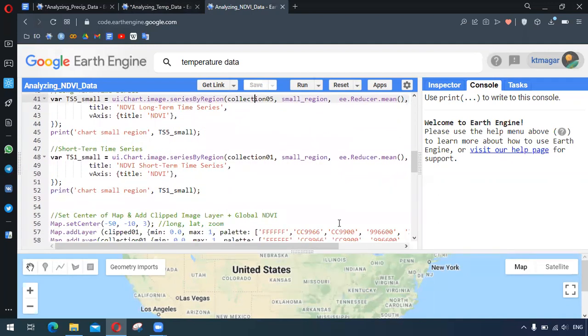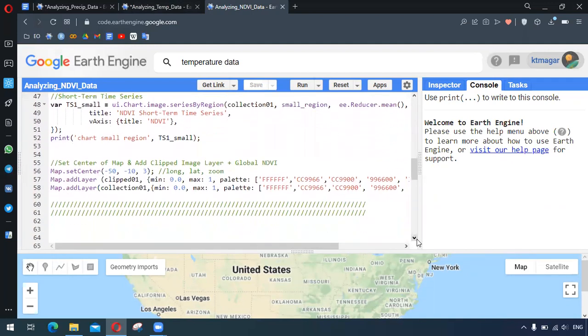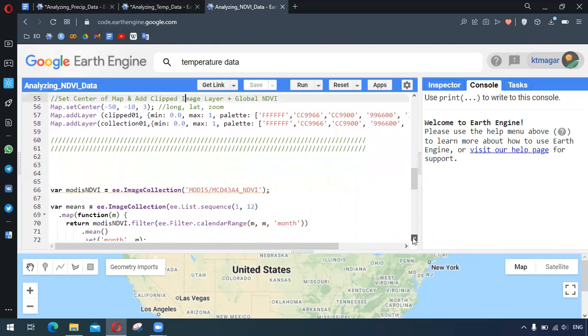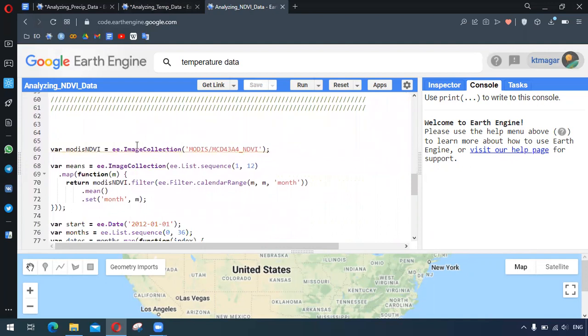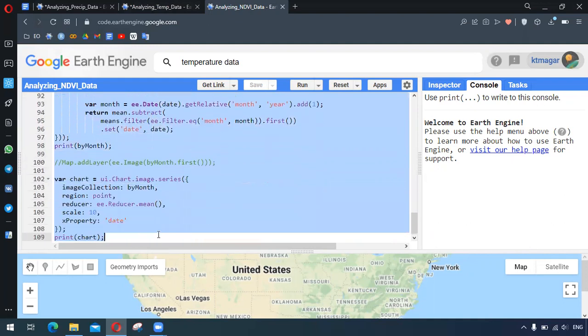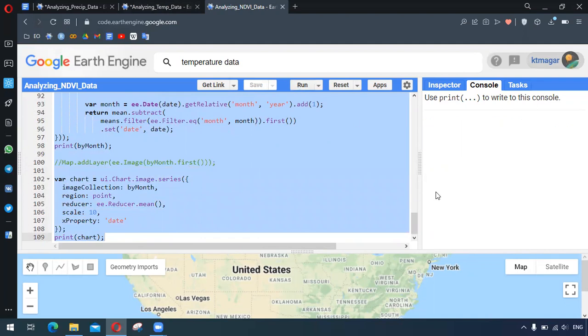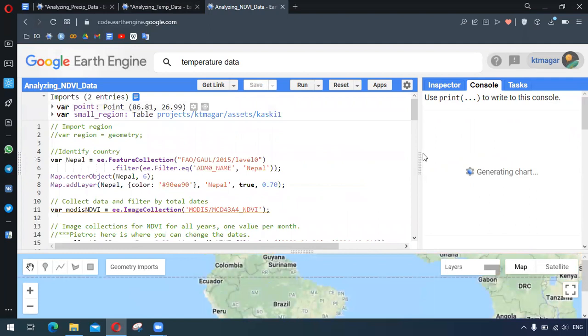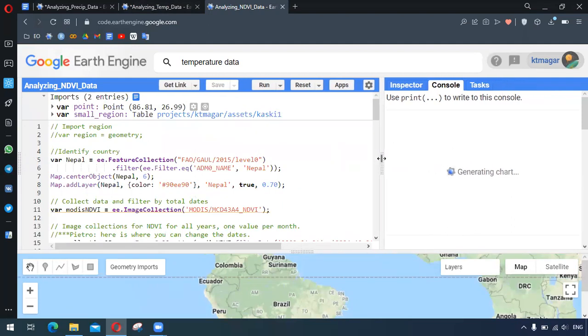So we are doing this again. Here we are adding them as layers. And this code here is again to calculate the monthly NDVIs and draw the chart of the monthly images. So if we run this, we are getting the charts here.